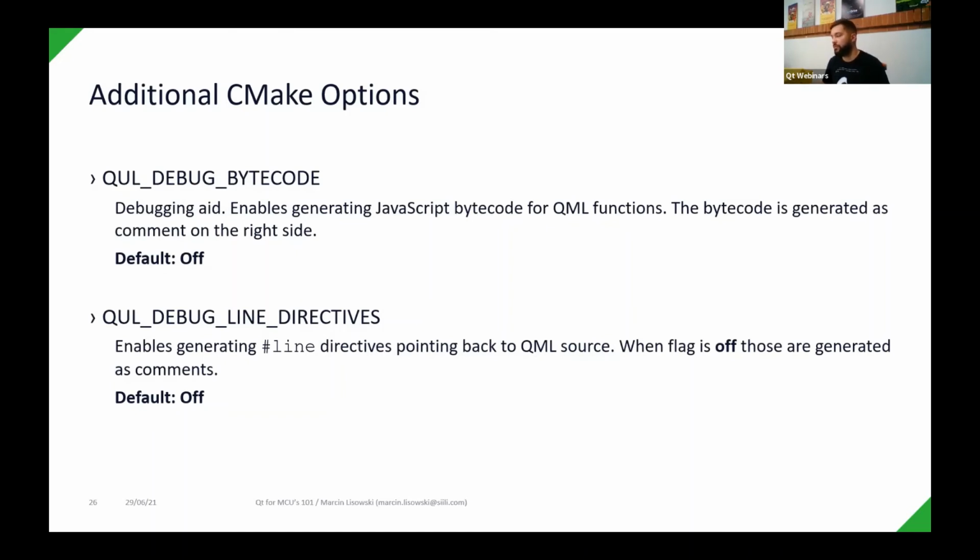So when you are debugging your application, your debugger will be redirected to the QML files instead of the C++ files, to see where exactly you are in your UI code. By default it is disabled, and the line directives are generated as comments. So still, if you are not using it, you can review and point back manually to some QML lines.